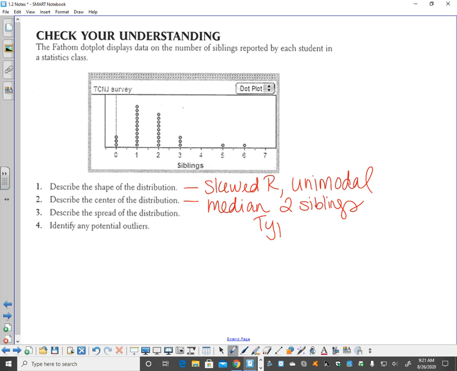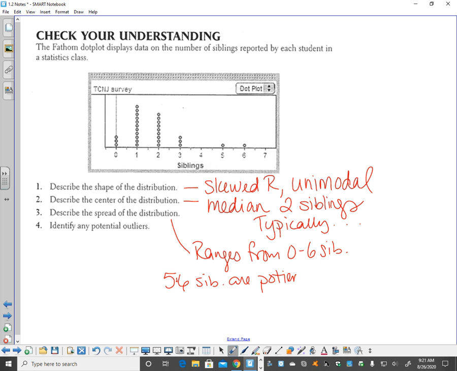So then I would write that typically students in this stats class have 2 siblings. The spread ranges from 0 to 6 siblings, and 5 and 6 siblings are potential outliers.